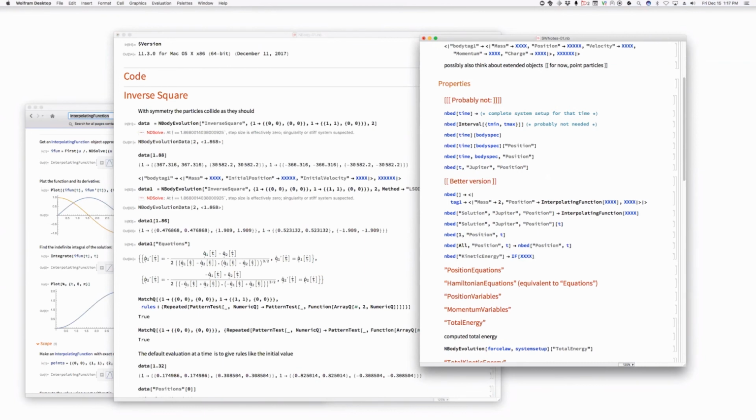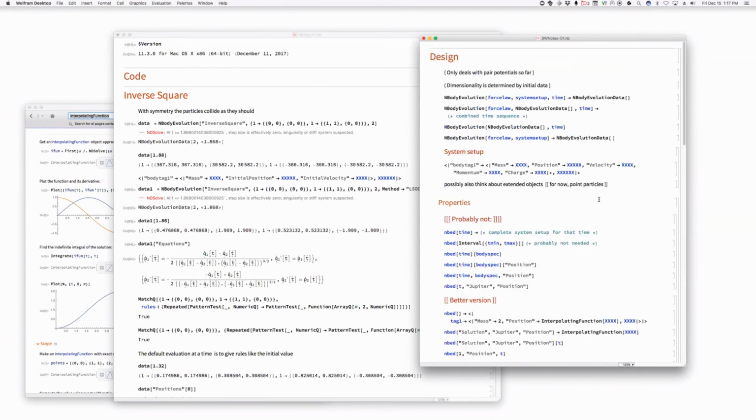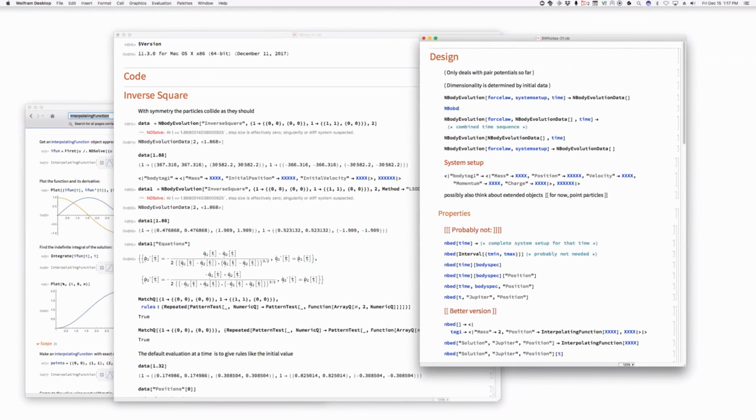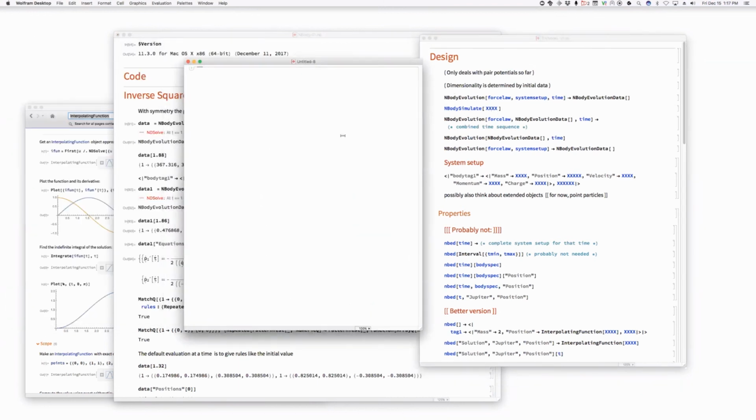Someone on the live stream is emphasizing again that this should be called M-body simulate, and it's not obvious it shouldn't be. I'm kind of warming to that idea, and I think that would correspond better to what we actually have in a different world, which is system model simulate.